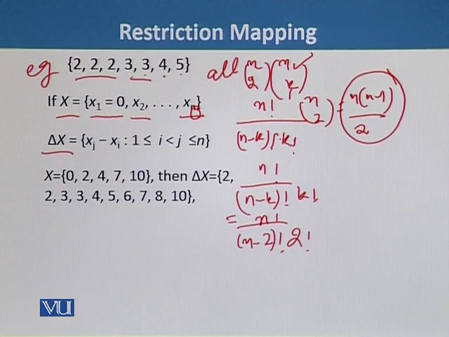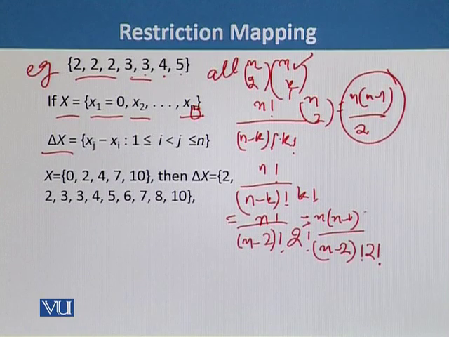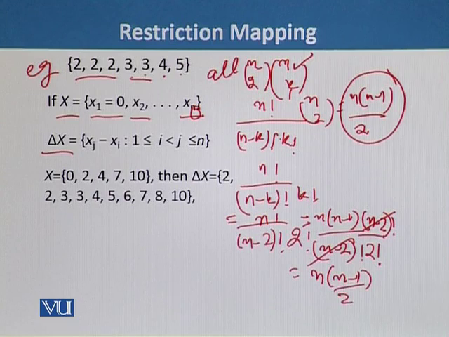Then n factorial over n minus 2 factorial, the n minus 2 factorial will be cancelled, and we will be left with n times n minus 1 divided by 2 factorial. So we can also formulate it this way.